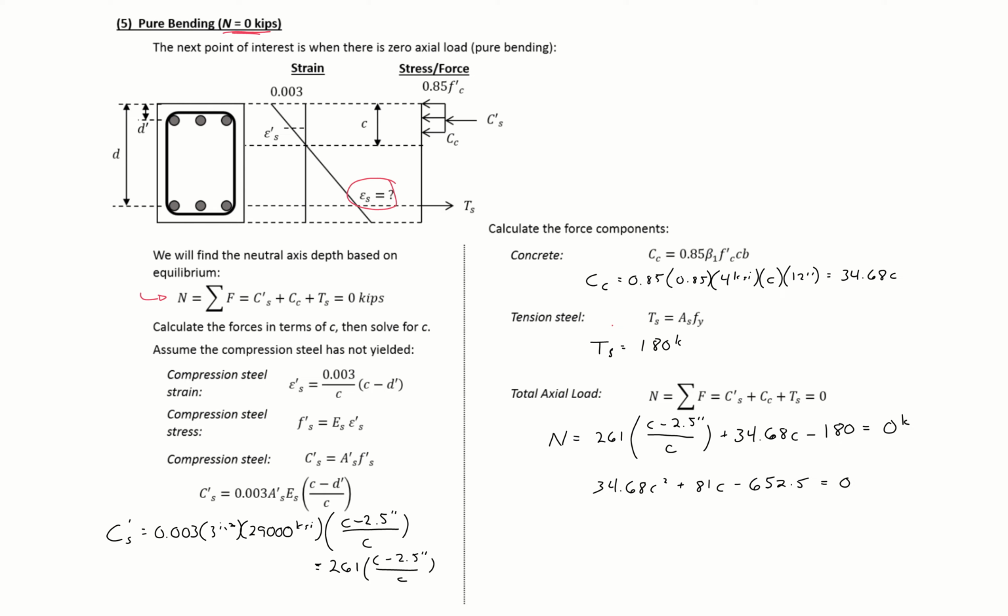And then solving for C, we'll get our C to be equal to 3.32 inches. So this is our C that we're going to use to calculate our forces and our lever arm and our moment on the next slide.